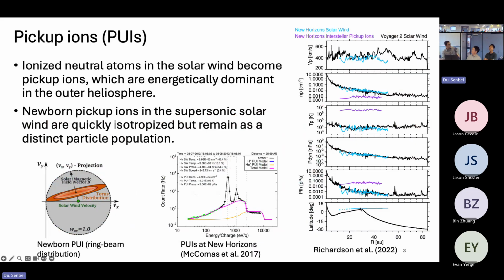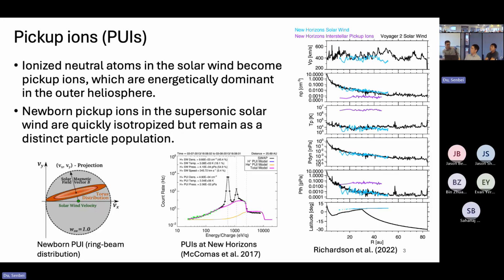Looking at the second panel from the bottom, the purple line shows the observations of the pickup ion pressure from the New Horizons data, the blue line is the thermal ion pressure, and the black line is the Voyager observations.